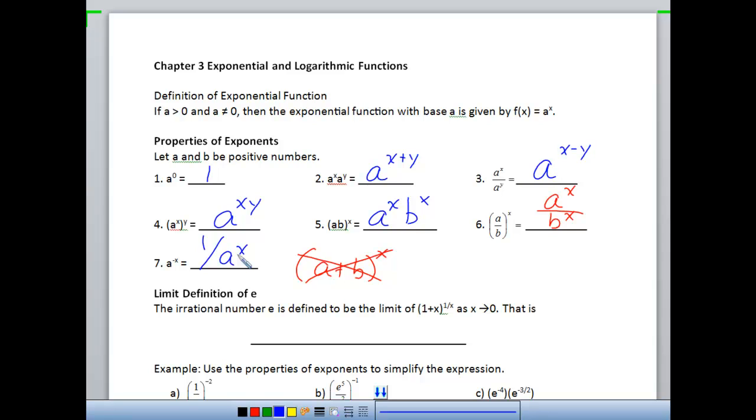And so it tells us here, the irrational number e is defined to be the limit of 1 plus x to the 1 over x as x approaches 0. That looks slightly like what you may have seen in the formula for compound interest. You don't need to do anything with this, it just lets us know where e came from.